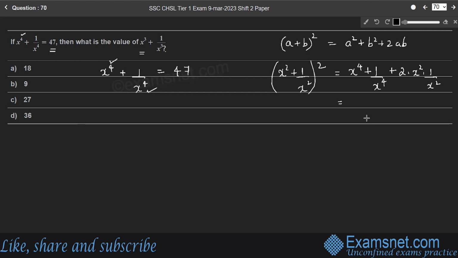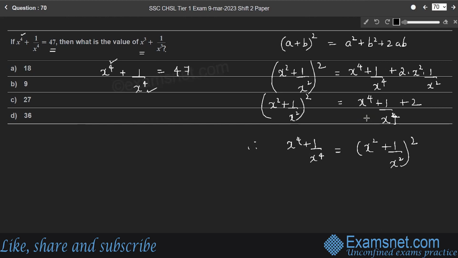Therefore, we'll write x square plus 1 by x square, the whole square is equal to x raised to 4 plus 1 by x raised to 4 plus 2. Therefore, x raised to 4 plus 1 by x raised to 4 is equal to x square plus 1 by x square, the whole square, right?